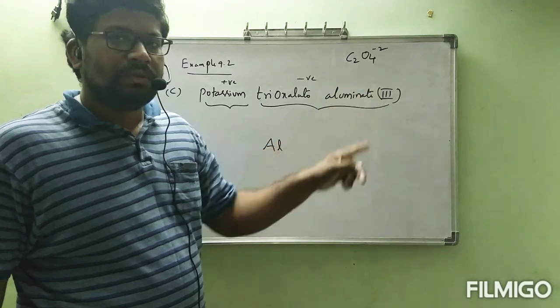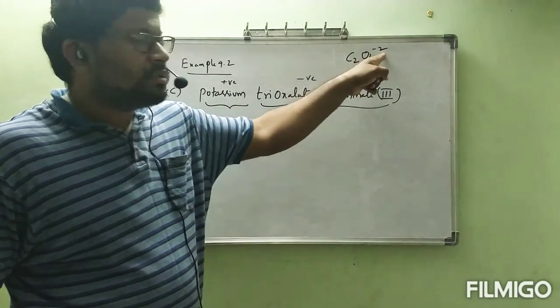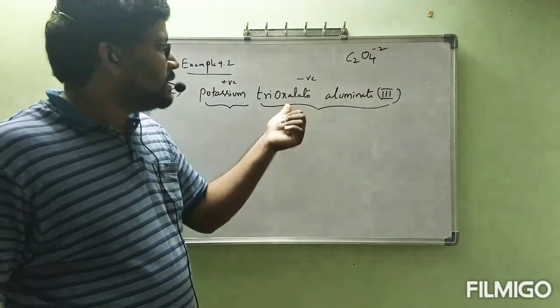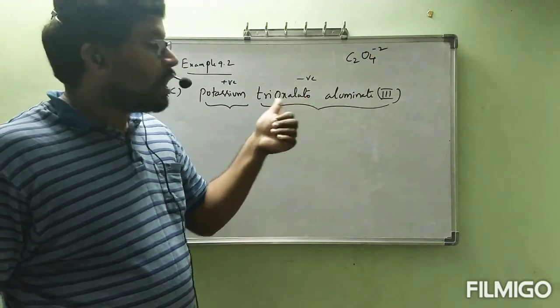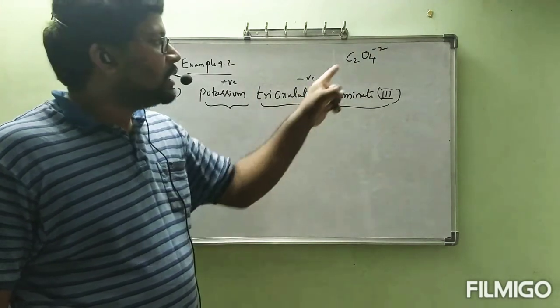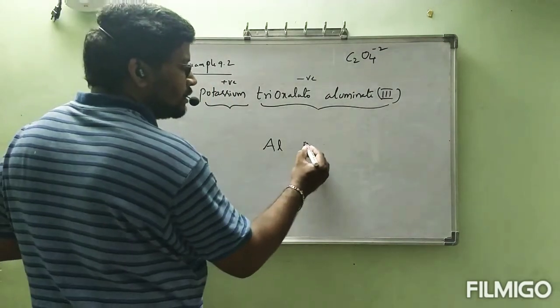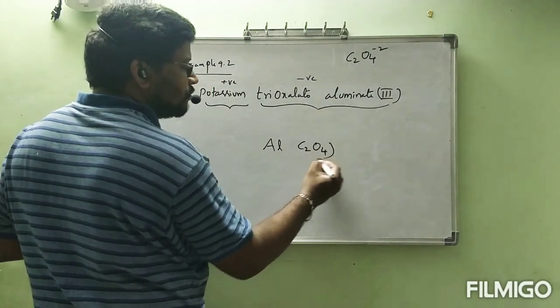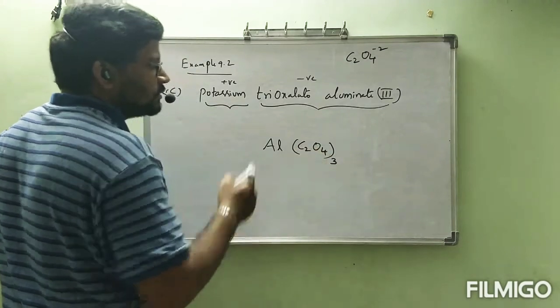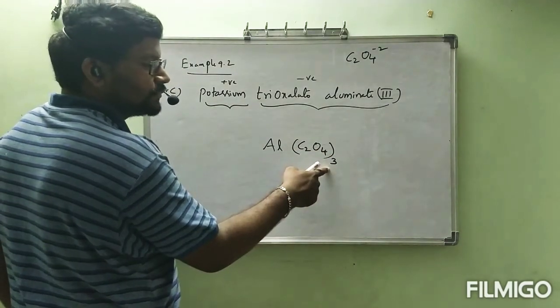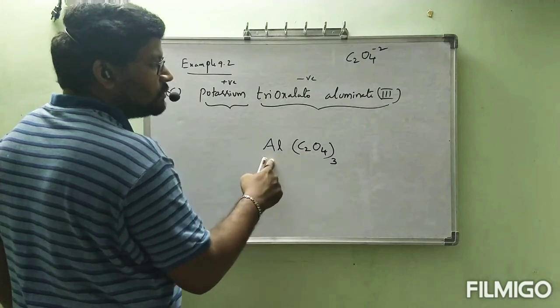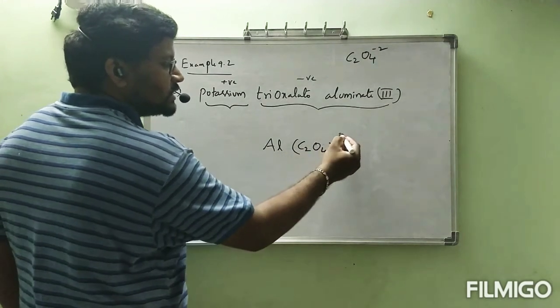See, this is negative ligand. That's why its name is ended with O. Oxalato. Like this, how many are there? 3 are there. So, Al C2O4 thrice. Trioxalato aluminate. Now, this is the square bracket.